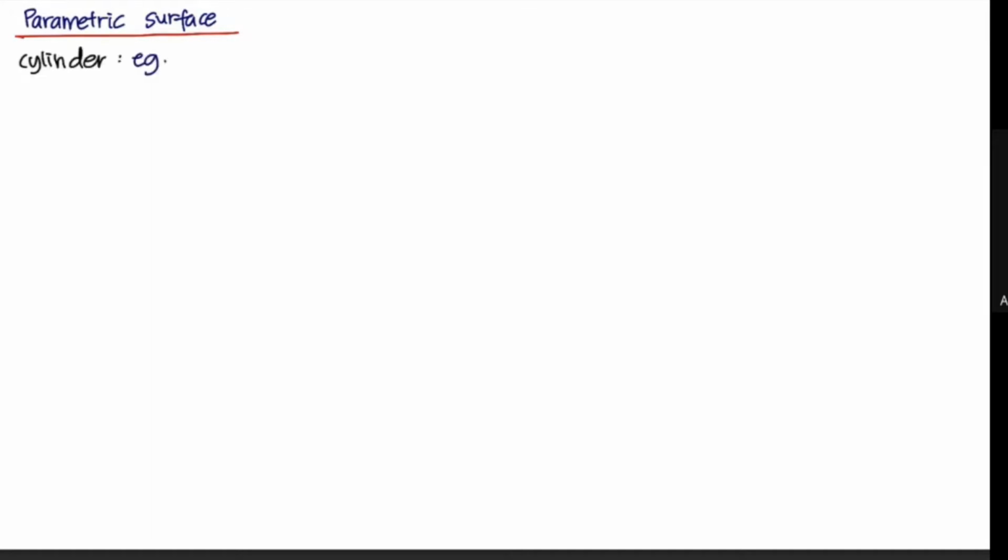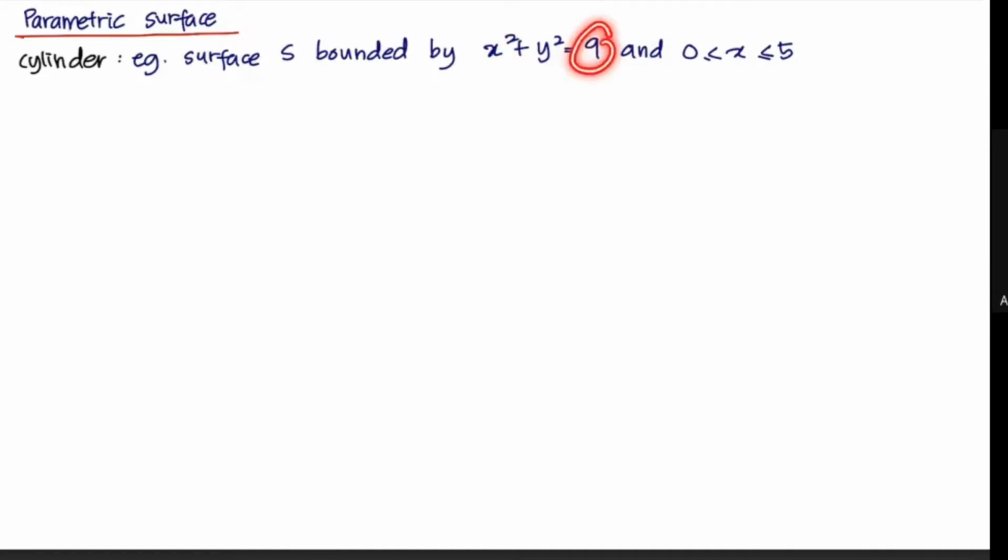Example of cylinder. Okay, if you see from the question, surface S bounded by equation x square plus y square equal to a constant, and given z is between 0 and 5. This is an example. The surface refers to cylinder. So for surface integral, we're dealing with 3D graph, 3D coordinates. This is x, y, and z.